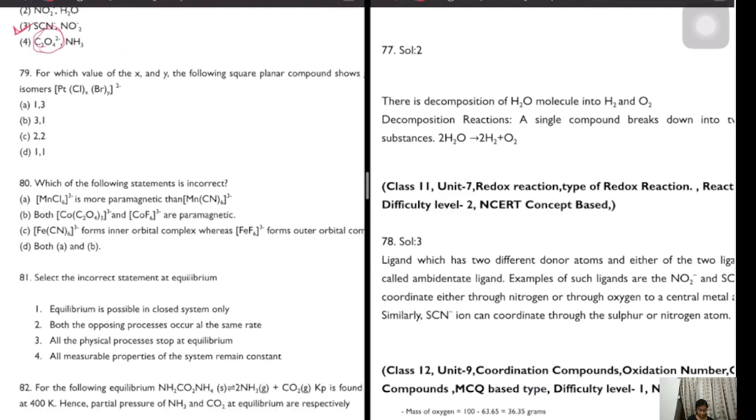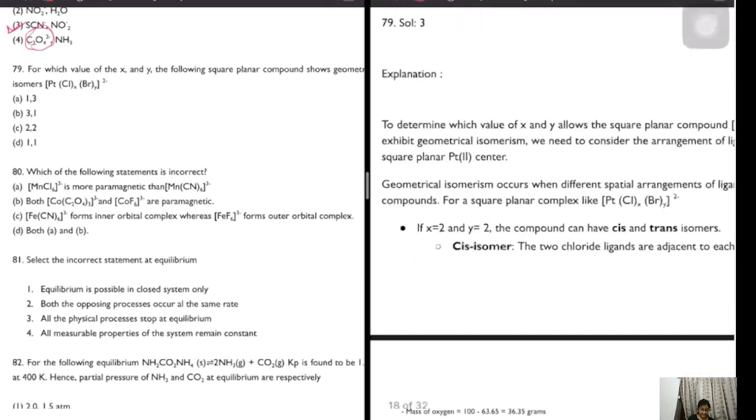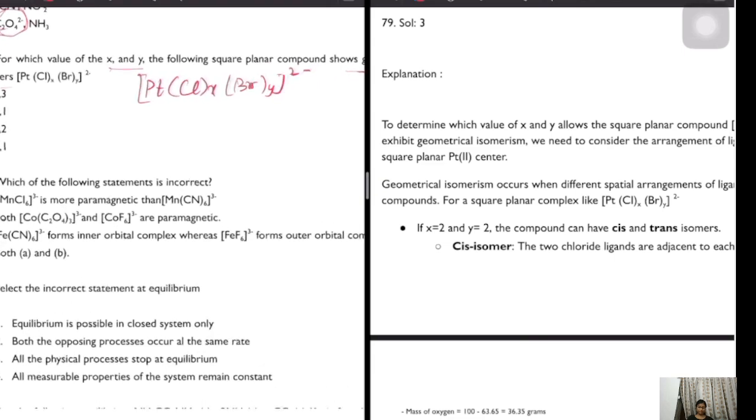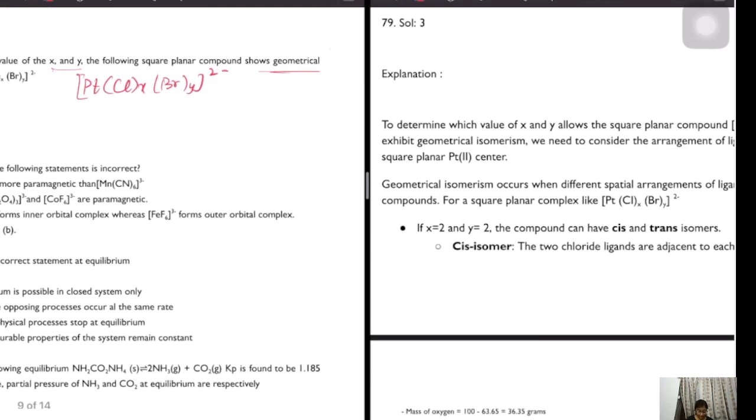Now in the next question, what do we have? For which value of x and y, which of the following square planar compounds shows geometrical isomers, of Pt LX, BrY to negative? We have to tell the geometrical isomer, that is cis or trans.